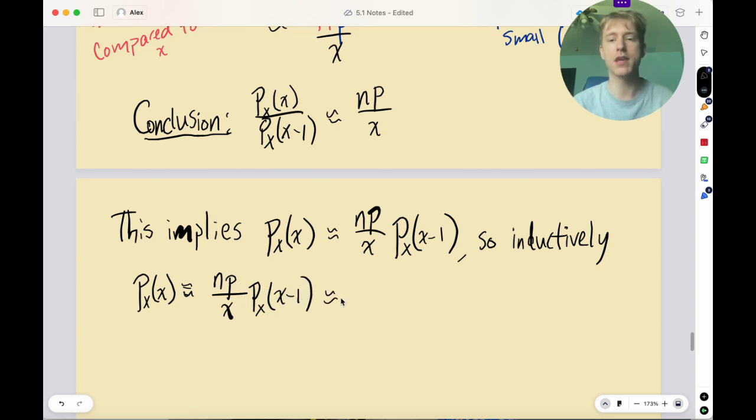But then this term right here, we can plug that in. That's going to be np over x times np over, not x, but this argument right here, x minus 1, times the probability of now getting x minus 2 successes.